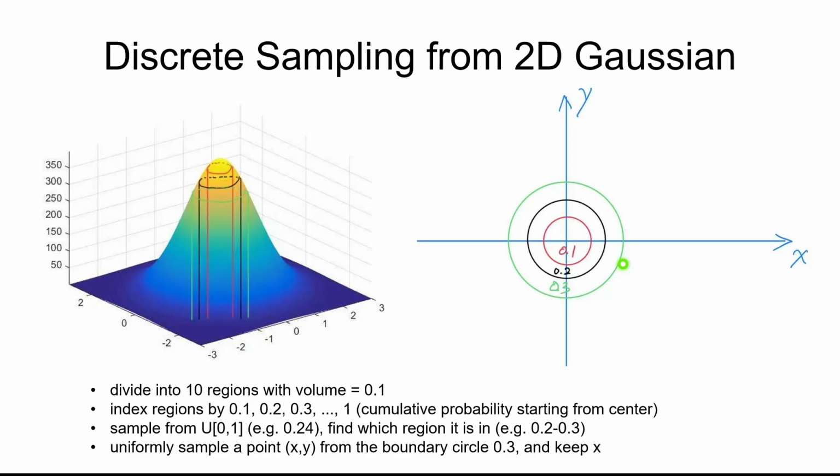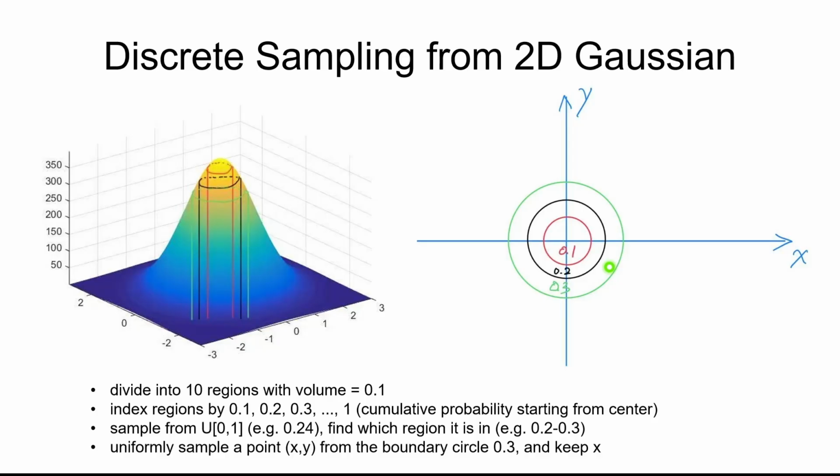Okay, so here we use the boundary of the region to approximate any sample point, 0.24 in this case, because here we are doing discrete sampling. We divide the space into 10 regions, sample one region, and use its boundary as an approximation for that region.